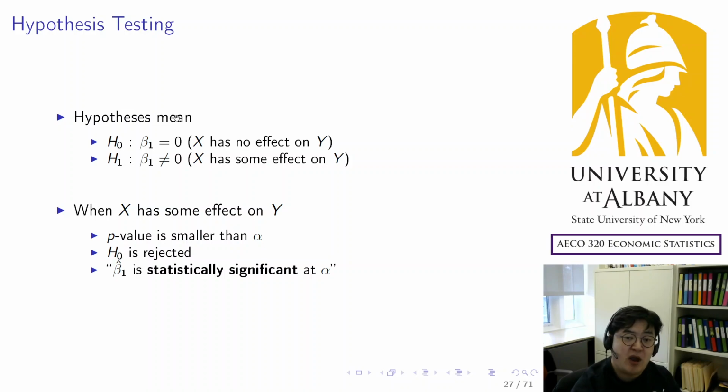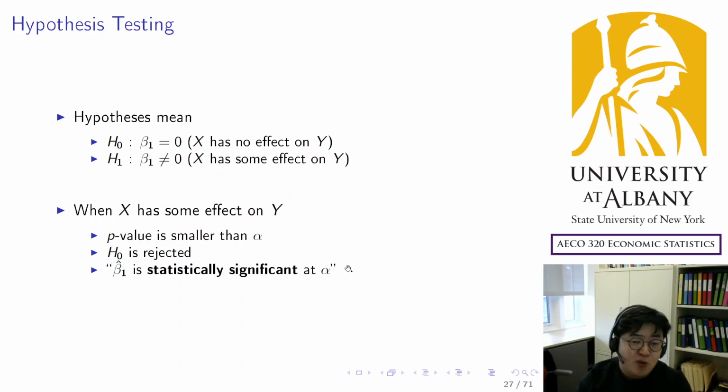X does not work at all. So this is an important hypothesis. So you wanted to reject it. If you could not reject it, that means your regression model is meaningless, right? But because you rejected it, actually it is good news. It is good news, and we call this the coefficient is statistically significant at the significance level alpha, right?